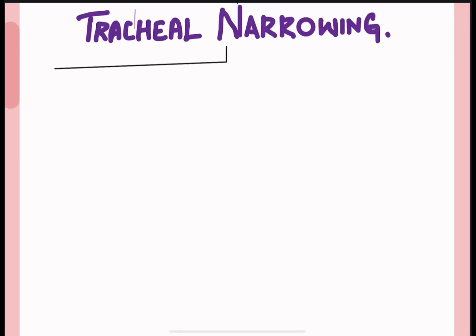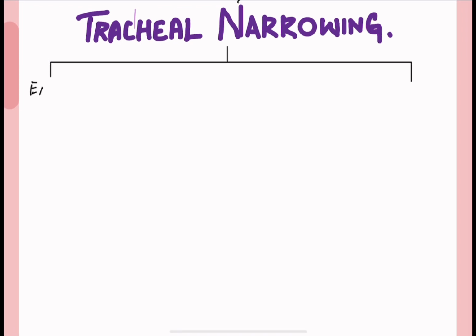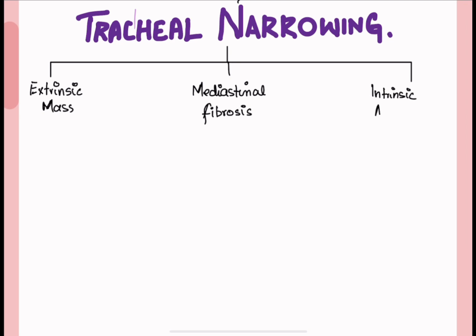Now there is tracheal narrowing. Tracheal narrowing may be due to an extrinsic mass, mediastinal fibrosis, or intrinsic abnormality.